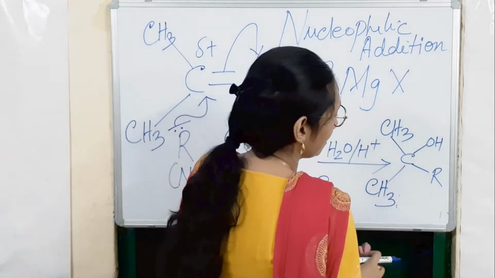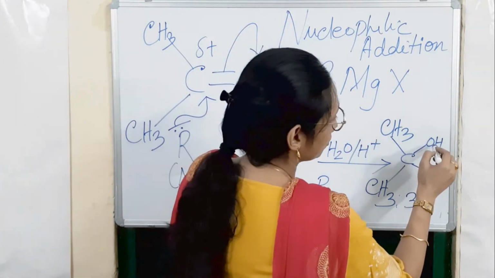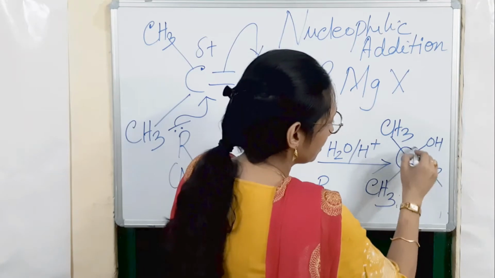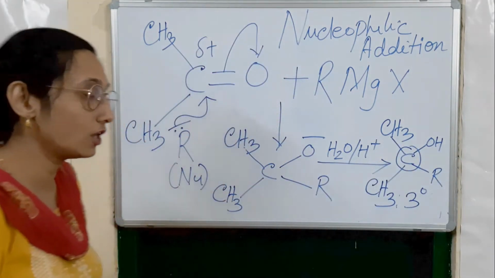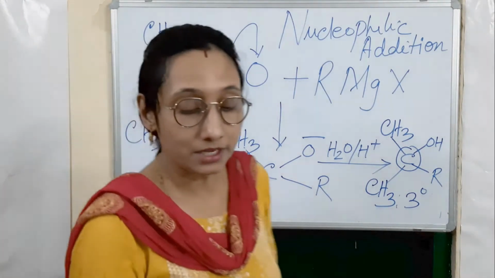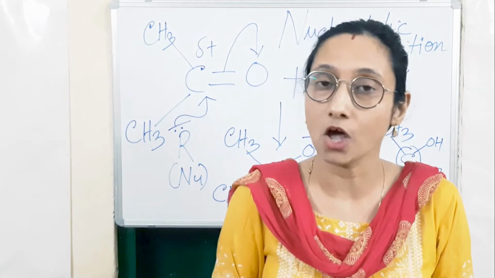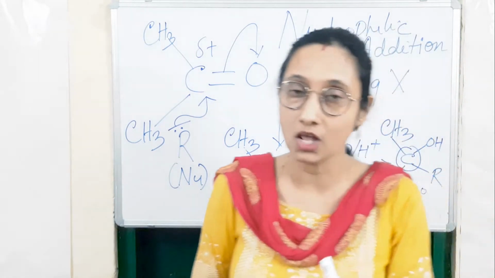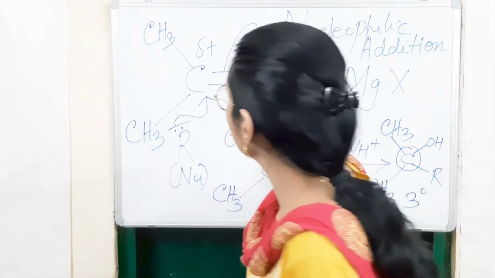This is a 3-degree alcohol because the carbon connected to the alcoholic OH is connected to 3 carbons, so 3-degree alcohol. So, Grignard reagent can be used for the synthesis of 1-degree alcohol, 2-degree alcohol and 3-degree alcohol.